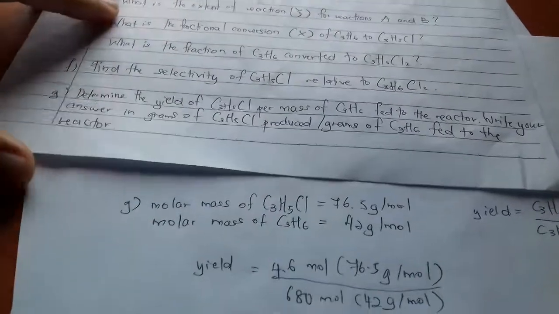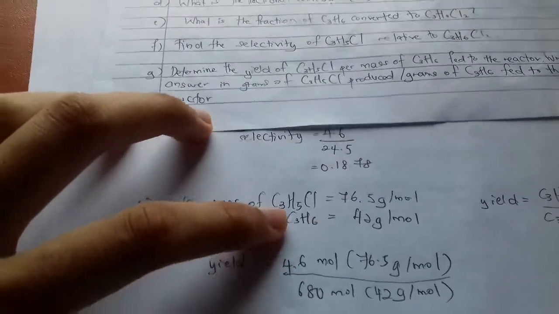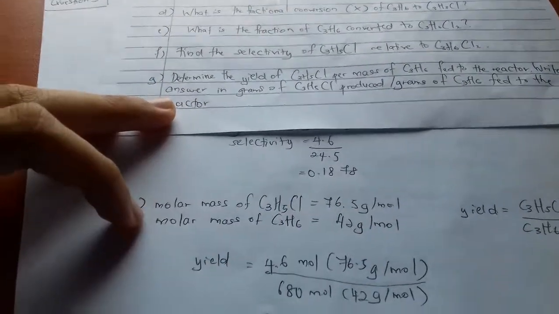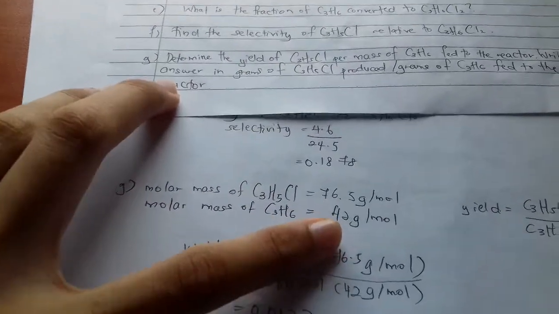So we need to find the molar mass of C3H5Cl, which is 76.5 grams per mole, and then the molar mass of C3H6, which is 42 grams per mole.